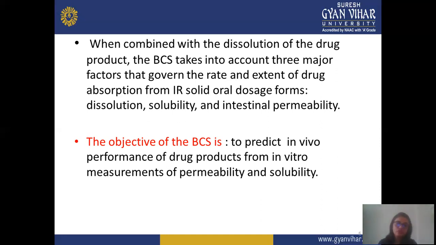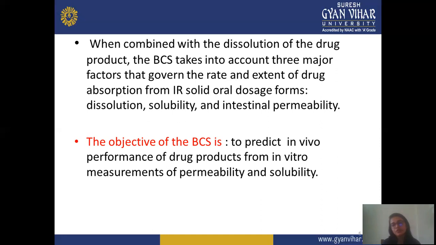And in this, you say that the basic objective of BCS classification is to predict in vivo performance of the drug product from in vitro measurements of permeability and solubility. This means you can check both in vivo and in vitro tests.